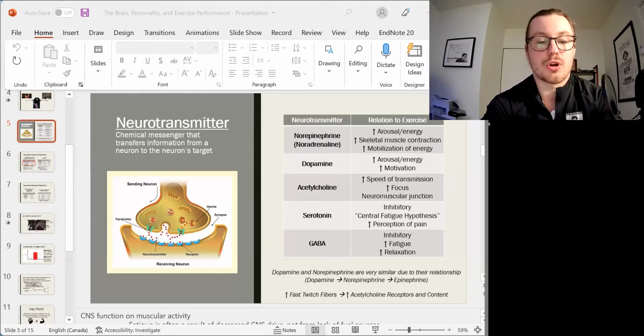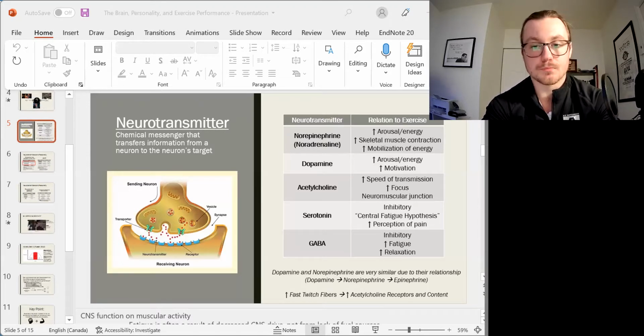It has also been shown to increase skeletal muscle contraction, as well as increasing the mobilization of energy. So what you'll see is that it's very similar to dopamine in that they both have an effect on arousal and energy.